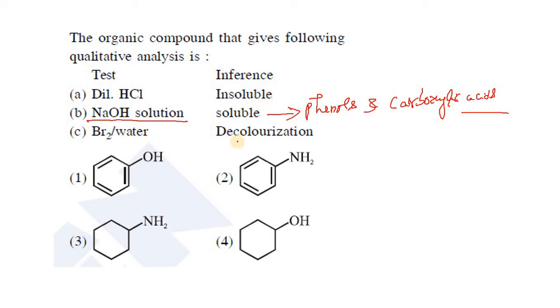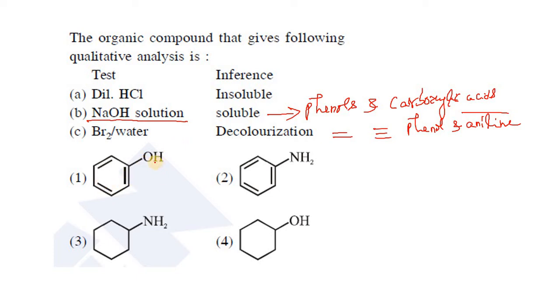And there is a decolorization of bromine water. We know that alkenes, double bond containing compounds, triple bond containing alkynes, and phenol and aniline, these compounds decolorize bromine water.